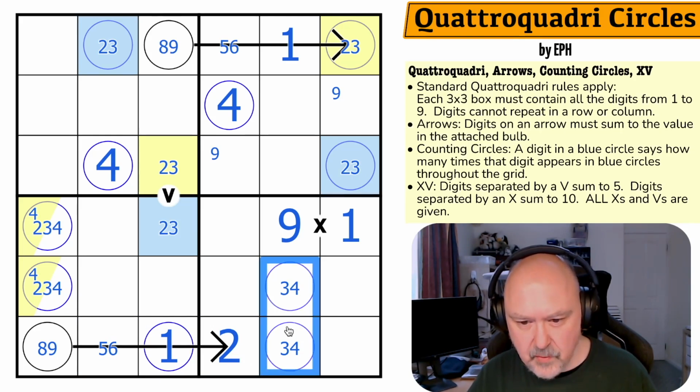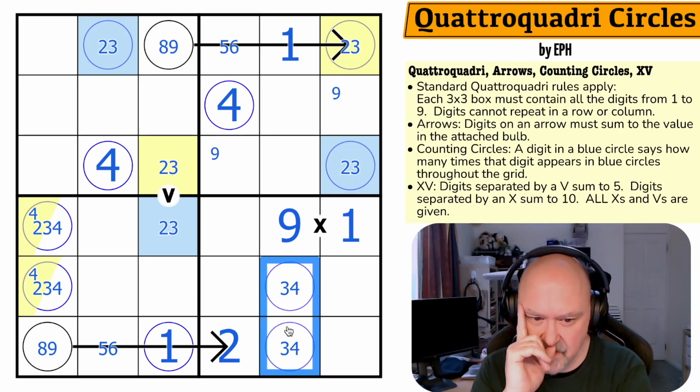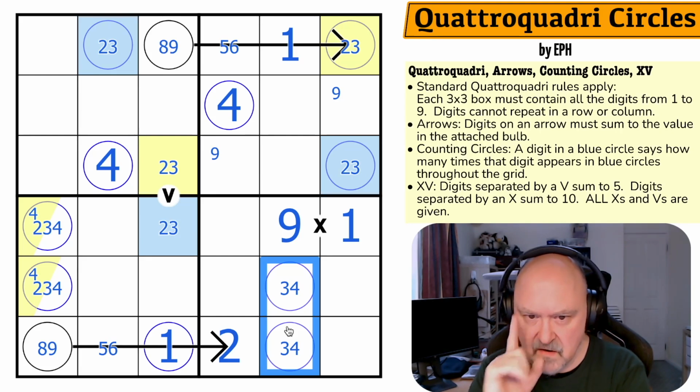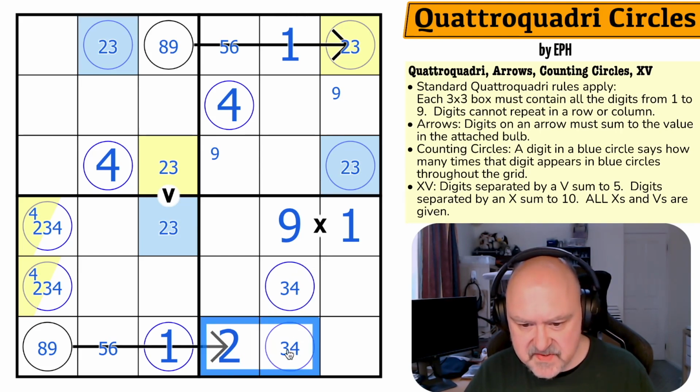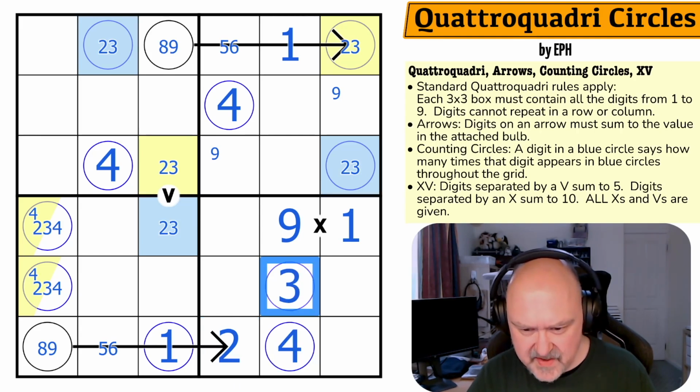This is a 3, 4, but that doesn't tell me which one is which. Yes, it does. That's a 4 because this can't sum to 5. That's a 4, that's a 3.